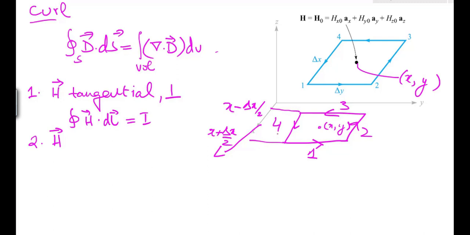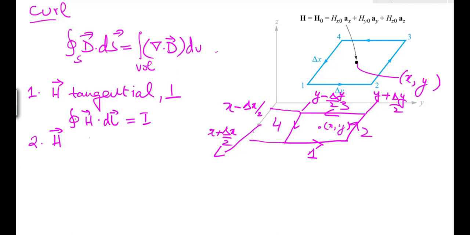Path 3 is at x minus delta x by 2, whereas path 1 is at x plus delta x by 2. Path 4 is at y minus delta y by 2, whereas this path is at y plus delta y by 2.